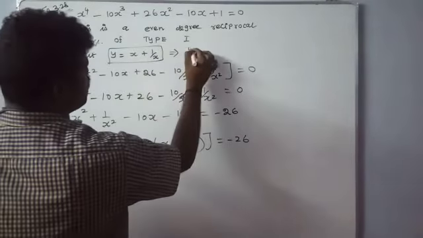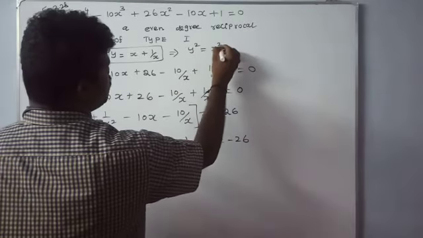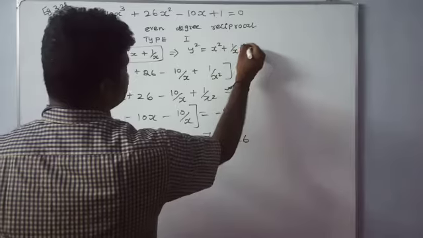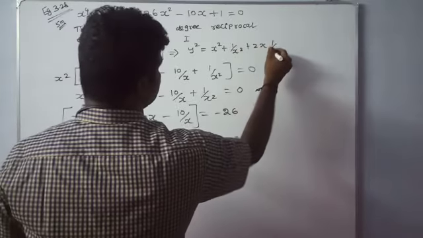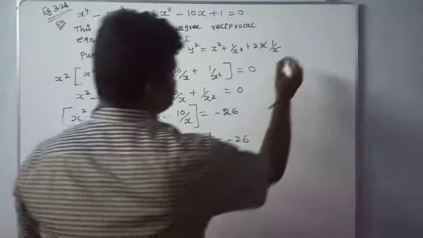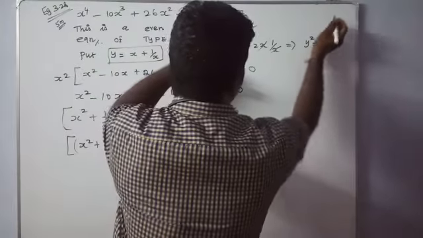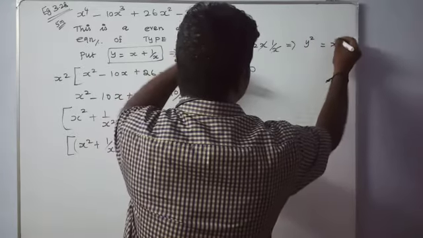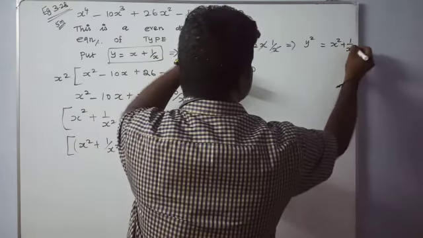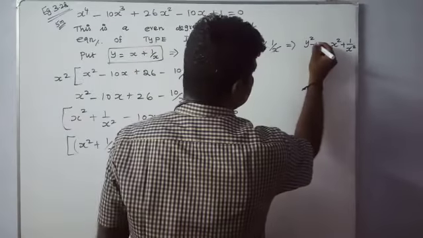Y square is equal to x squared plus 1 by x squared plus 2 into x into 1 by x. Cancel these two terms. What is the value? Implies that y square is equal to x square plus 1 by x square, and here plus 2, take this side to minus 2.